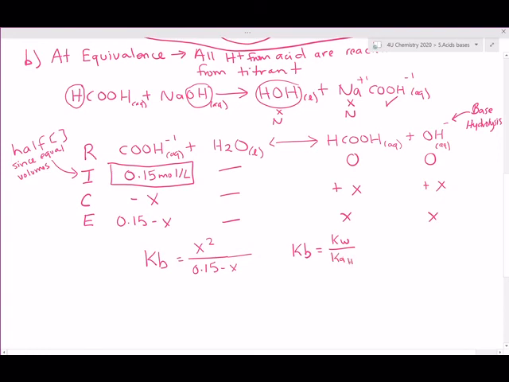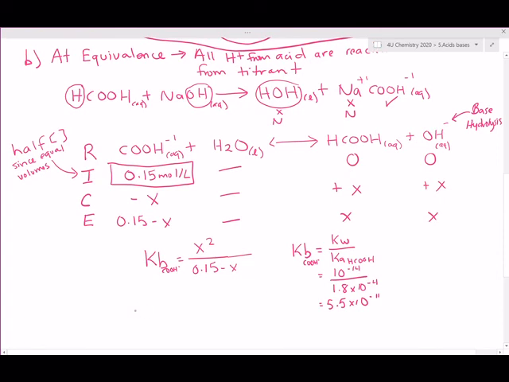So it's going to be methanoic acid, its Ka value. So we're going to have 10 to the negative 14, and we are going to divide by 1.8 times 10 to the negative 4. And that's going to give us 5.5 times 10 to the negative 11. And this is for our ion. Okay. So I should just write that here, COOH negative.